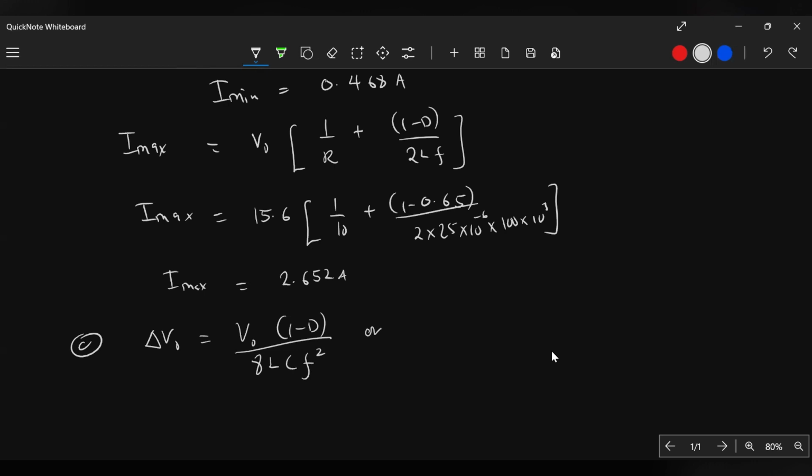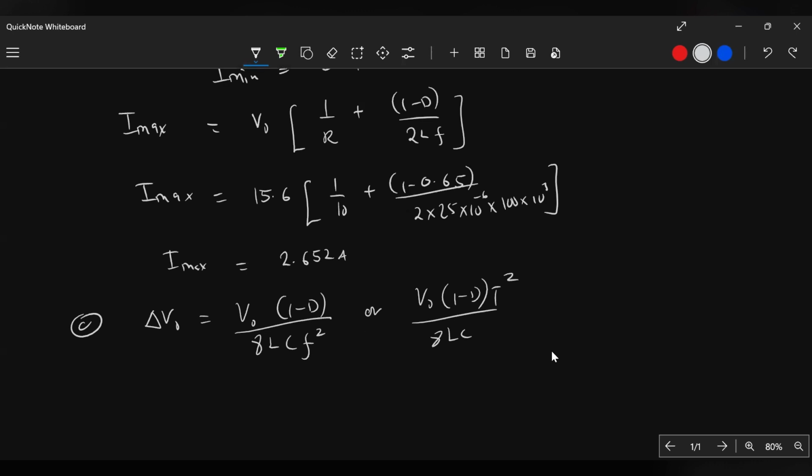Or you can also write it as VO (1 minus D) T squared divided by 8LC. You know that T is simply 1 over F. So if you're given the period, you can use this; if you're given frequency, you can use the first option.